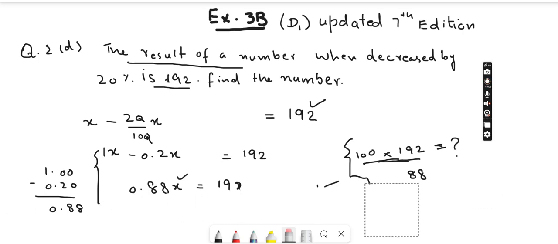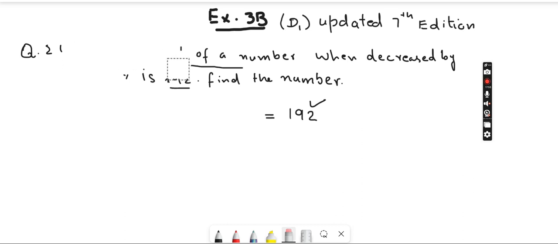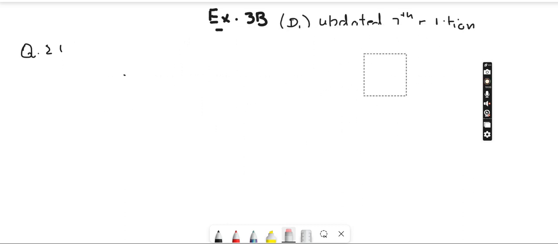Now I'll be talking about question number 3. What question number 3 says, this is even very much easy. In question number 3, there is a little bit of a statement which is about percentages. There is an elastic band which is 72 centimeters long initially.